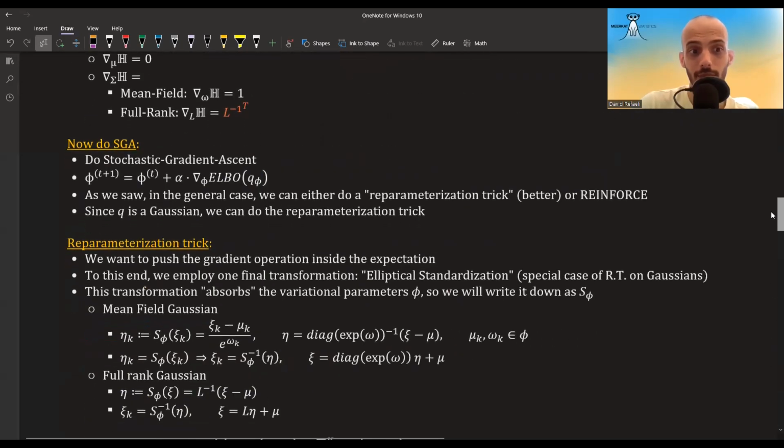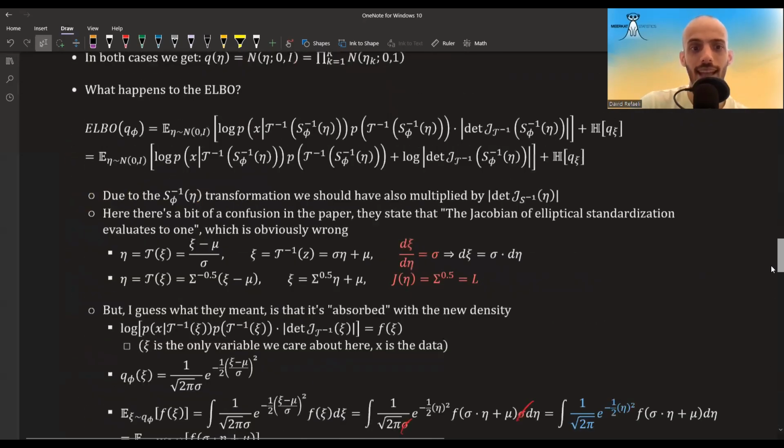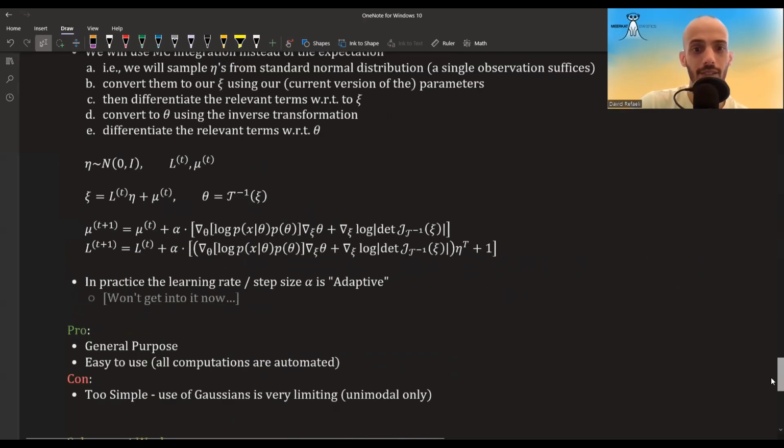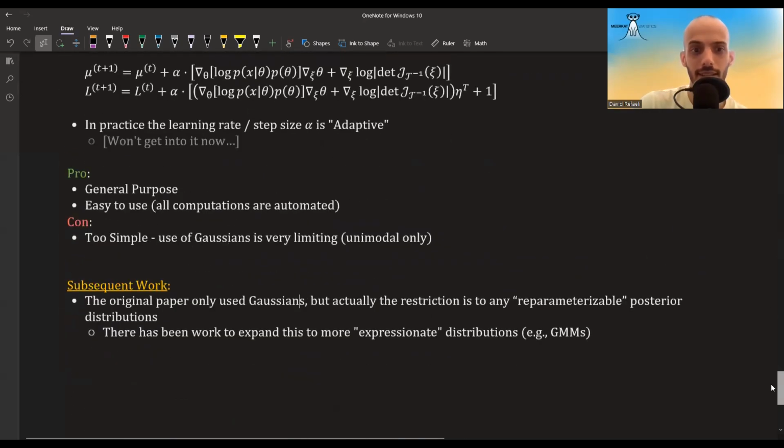And so they didn't do the reparameterization trick, and they had to do the log derivative trick. So I believe the main reason they chose Gaussians is because they wanted to do the reparameterization trick. So the restriction is not necessarily to Gaussians, it's to any distribution where you can do the reparameterization trick.